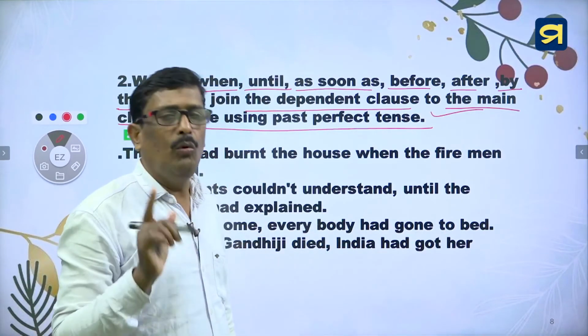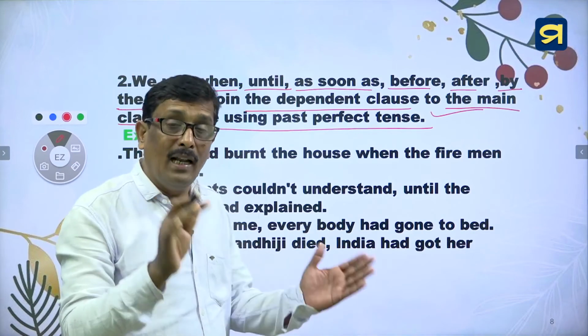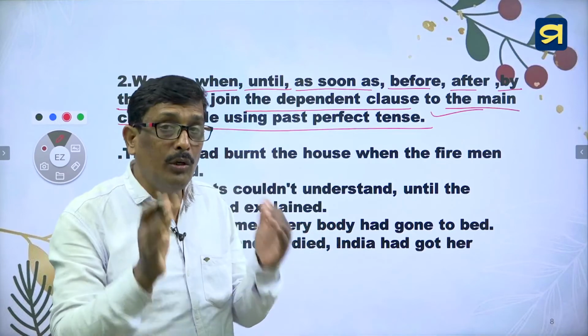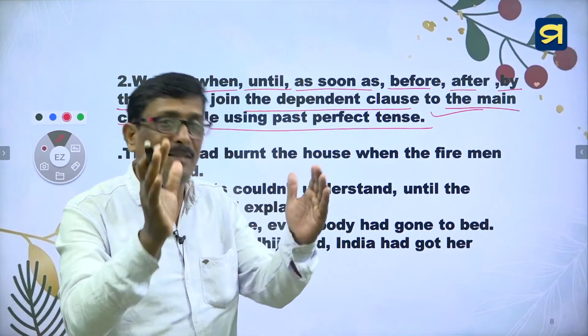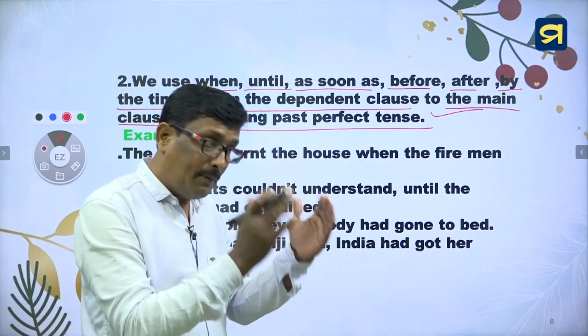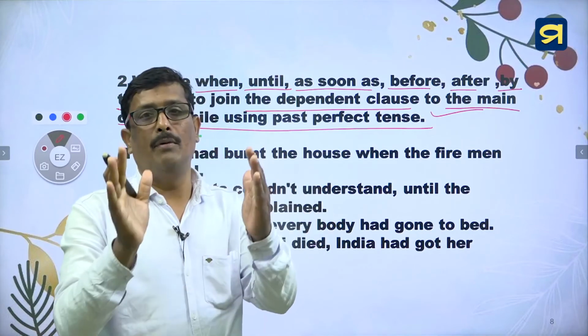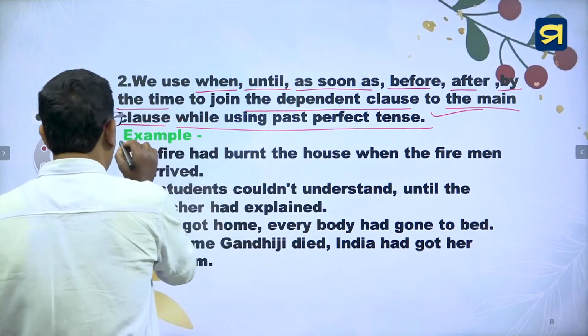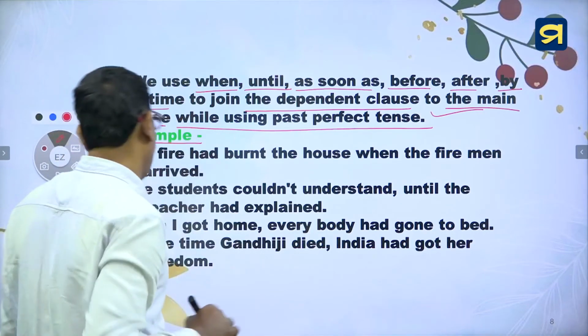Generally, when we use after, the clause takes what? Past perfect tense. When we use before, past simple is used. Okay, before: past simple. After: past perfect tense is used. Similarly, we will see some examples.